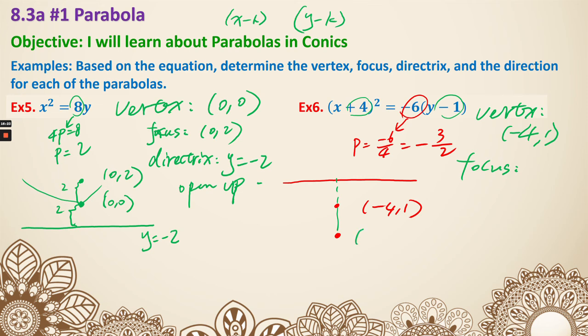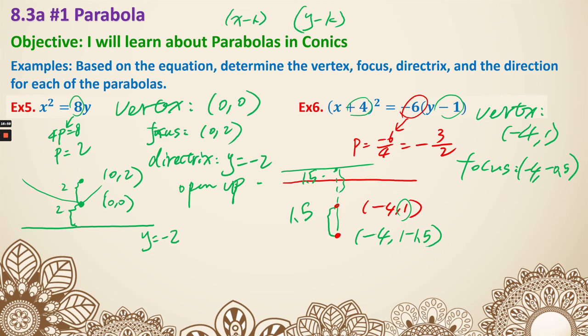So the x-coordinate wouldn't change, but the y value would change. Because the p is -3/2, the vertex to the point is going to be 1.5 away. And then on the other side, the vertex to the point is also going to be 1.5 away. So now 1 minus 1.5 gets us lower in coordinates for the focus. That gives us -4 and -0.5.